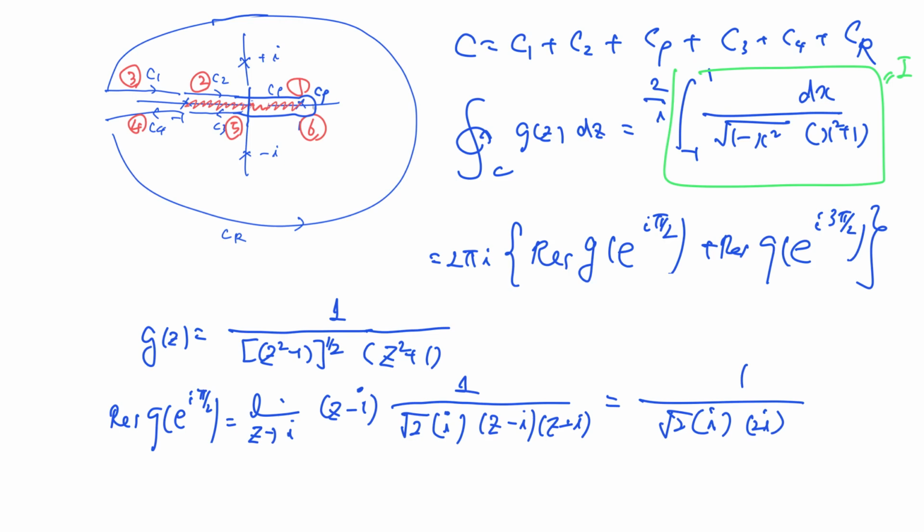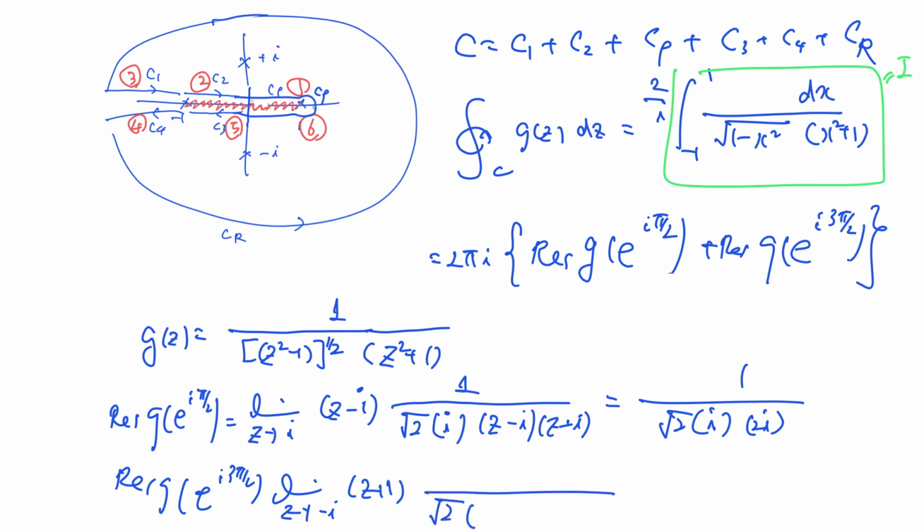How about the other residue? Residue of g at exponential i 3 pi over 2, g at minus i, z plus i, and this is actually square root of 2, minus i, z plus i, z minus i, which is square root of 2 over minus 2i.